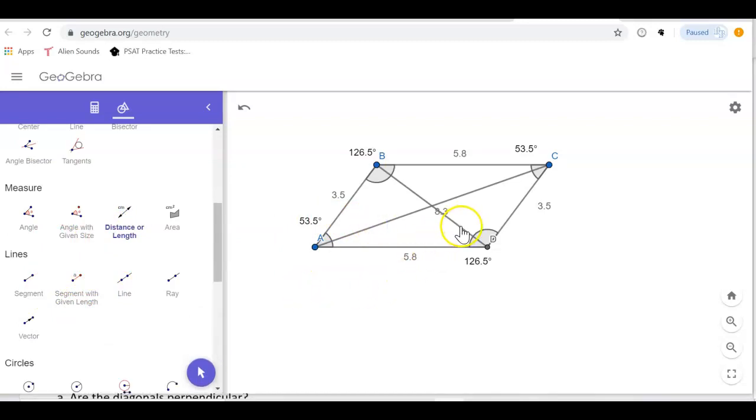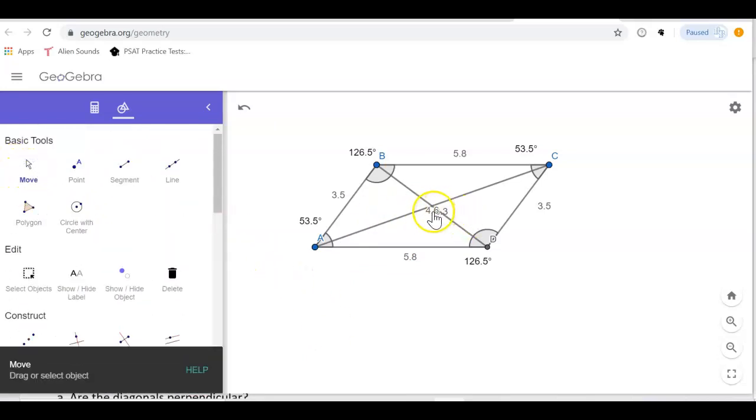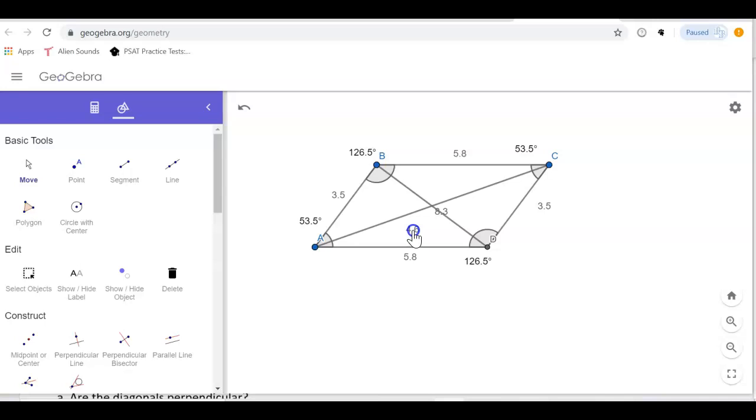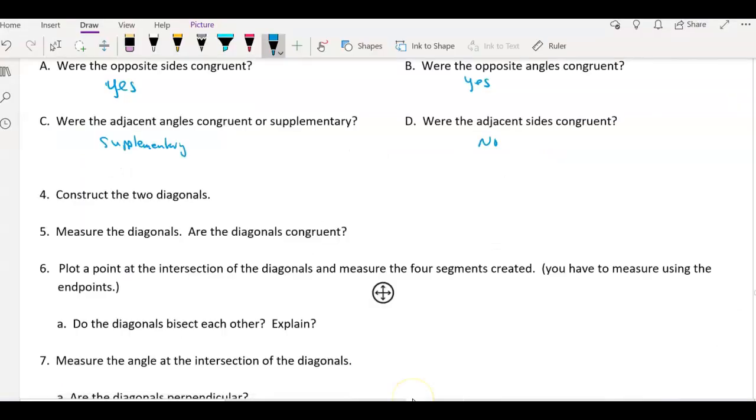That diagonal is 8.3. That diagonal is 4.6. And let me move these measures to make it a little clearer. This diagonal was 4.6. This one was 8.3. Are the diagonals here congruent? They are not. These are not congruent.